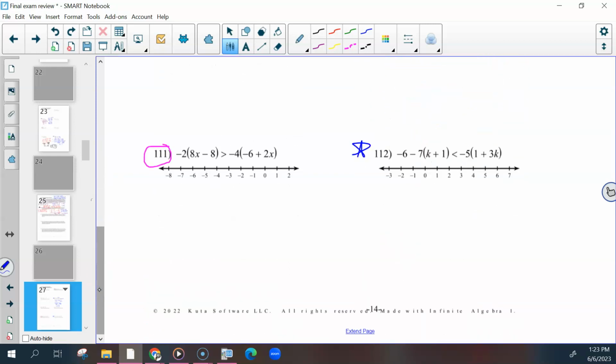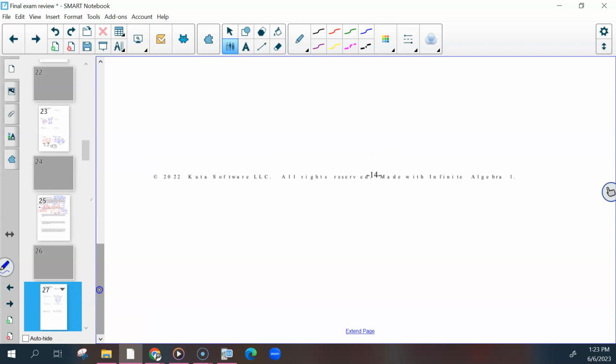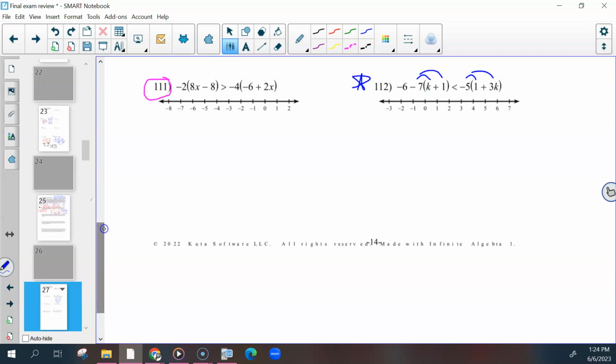112, similar, but you have to distribute twice. You have negative 6 minus 7k minus 7 is less than negative 5 minus 15k.